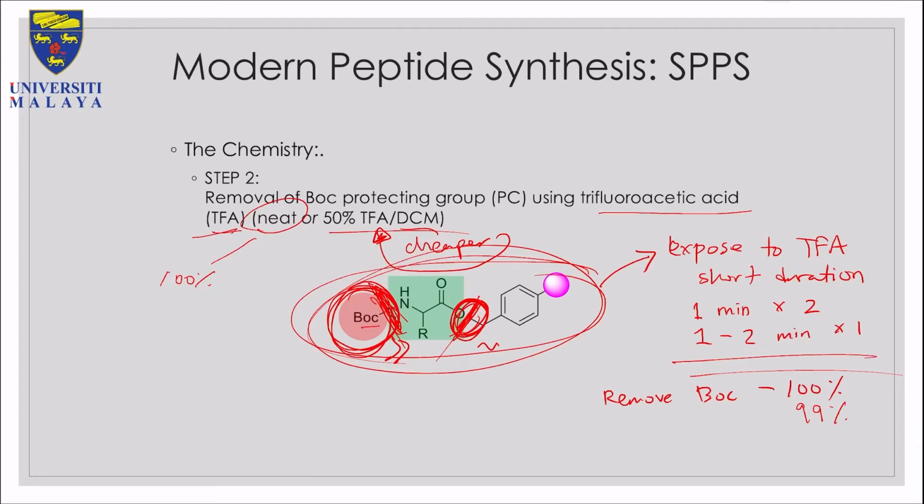Okay, so you will be able to remove 99% of the bulk within this time frame, while this reaction over here, the hydrolysis, under the same condition, under the same time, it's less than 1%. Okay, so now you still be able to have your peptide link to the solid support.